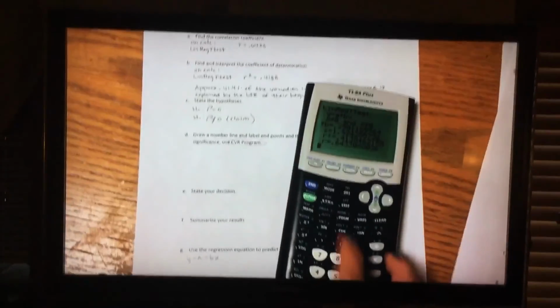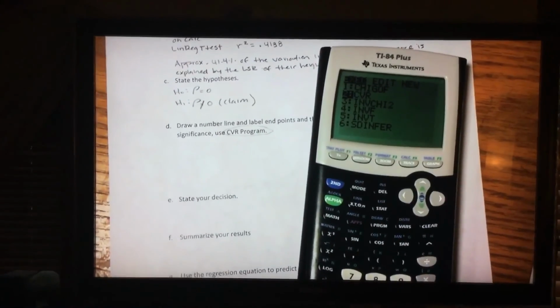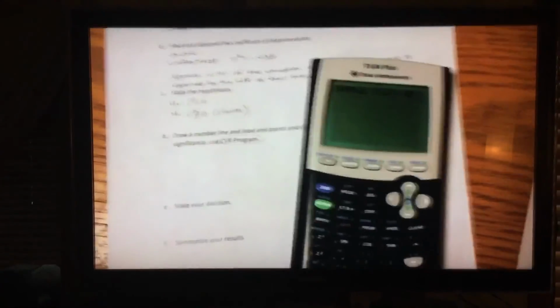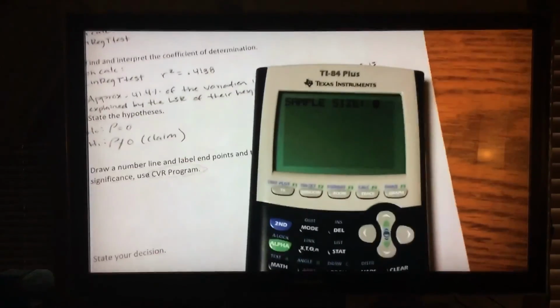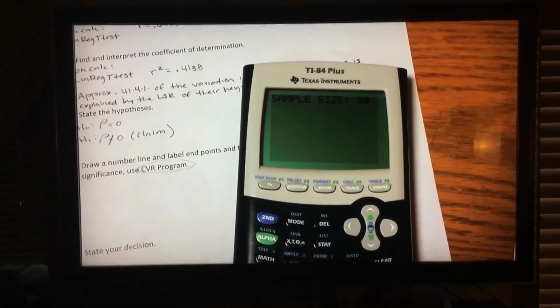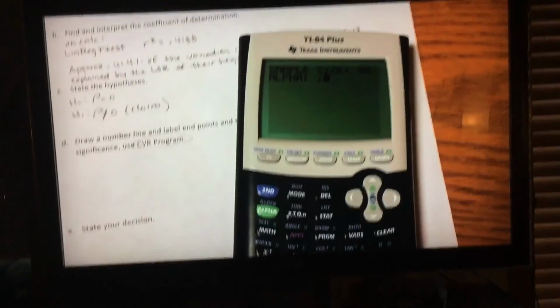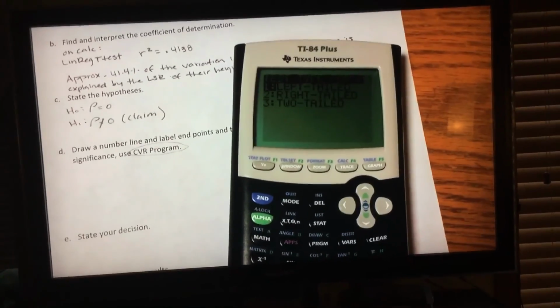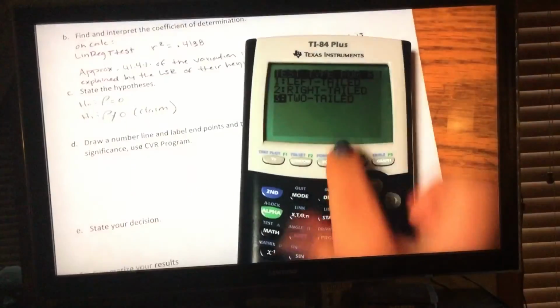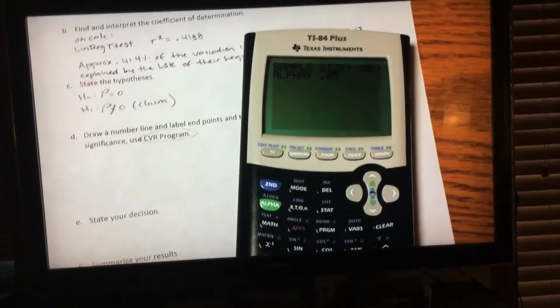So now we're going to draw a number line and label the endpoints and critical values based on a 5% level of significance. And so on our calculator, we're going to go to Program and hit CVR and plug in our sample size of 90, our alpha of 0.05, and this is a two-tailed test.